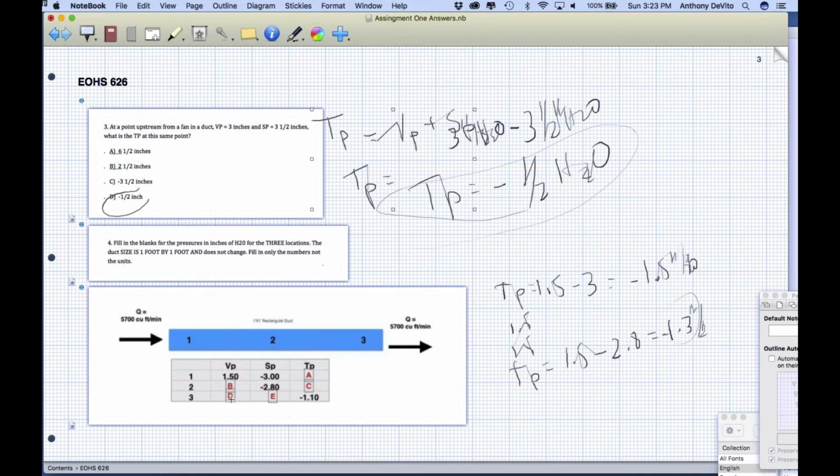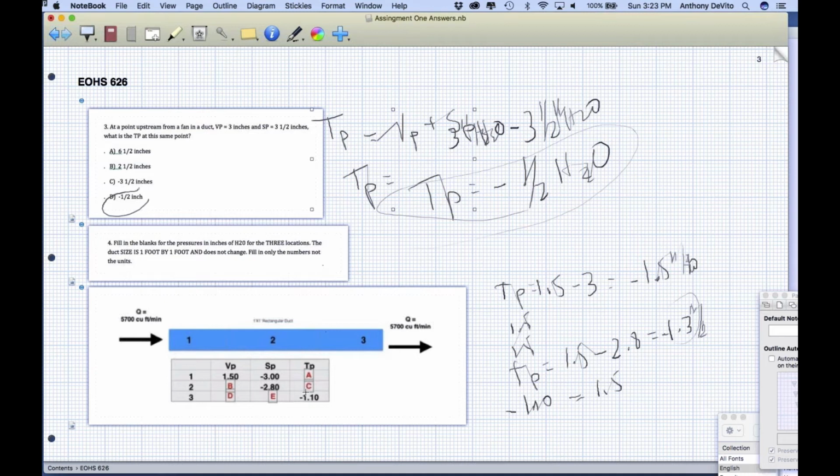So now, and finally, we have, this is 1.5 as we've determined already. What is the static pressure equal to? Well, the total pressure is -1.1, and that's equal to a velocity pressure, which is 1.5, plus our static pressure, which is unknown.